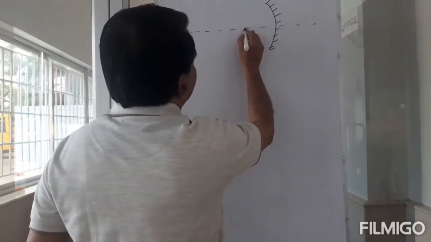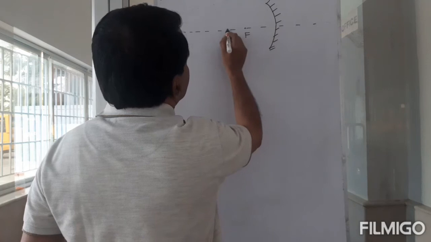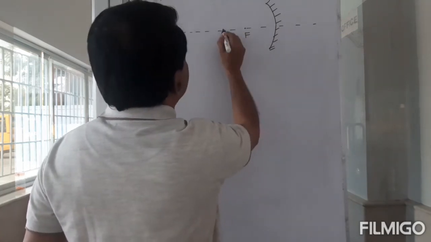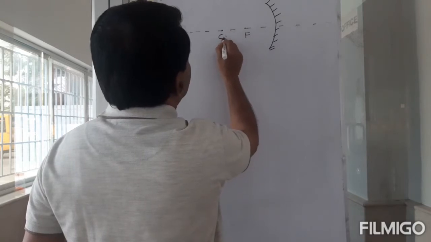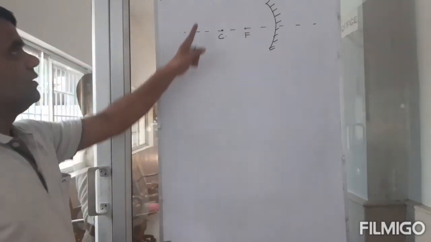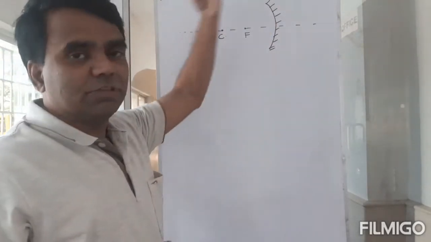Let's say this is my F, and this is my C. The focal point, and that's my center, the center of the sphere, the spherical mirror.